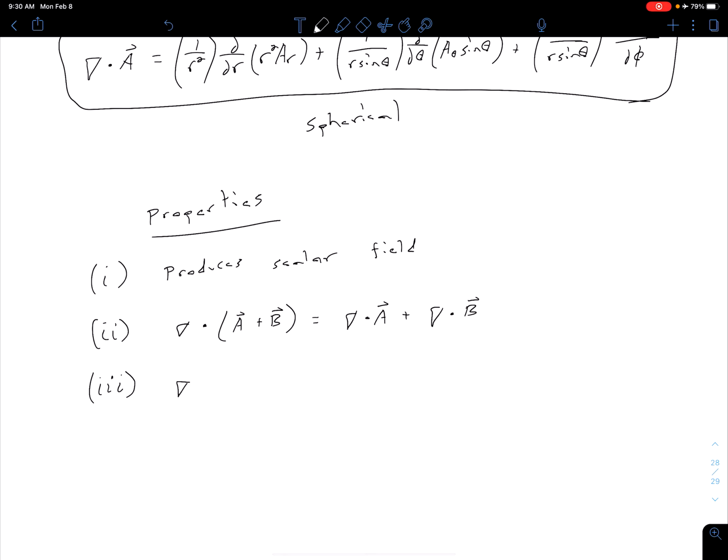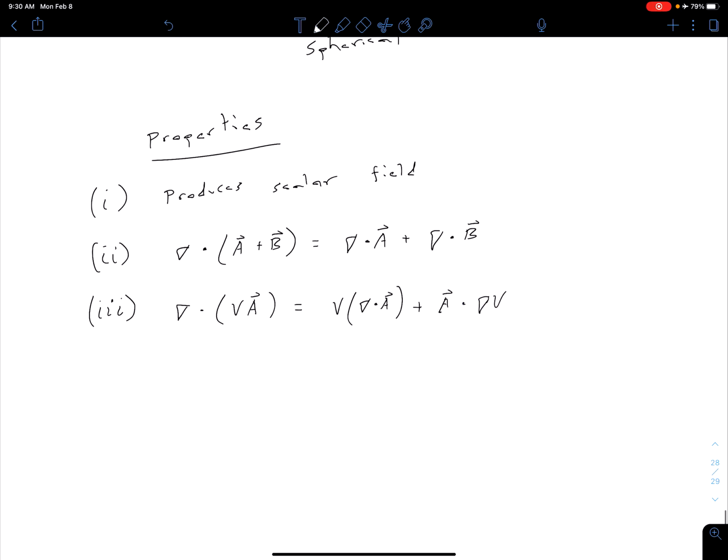If we have the divergence of a scalar times a vector, where V is a scalar and A is a vector, that's equal to V times the divergence of A plus A dot the gradient of V, because remember, the gradient of V gives us a vector value, so that's why we can do the dot product here.